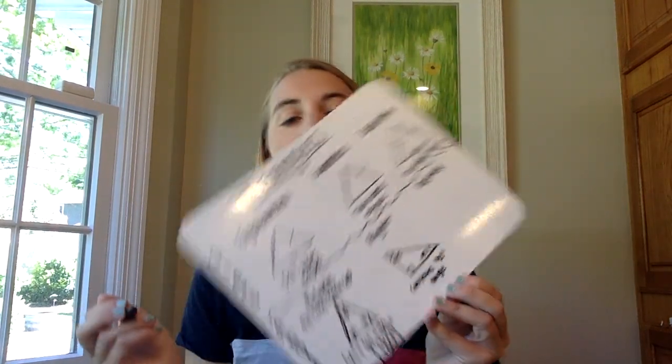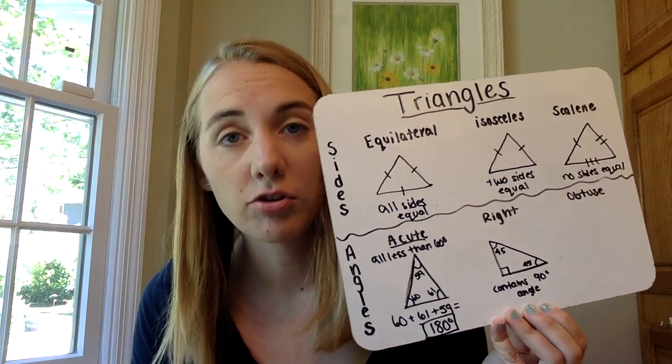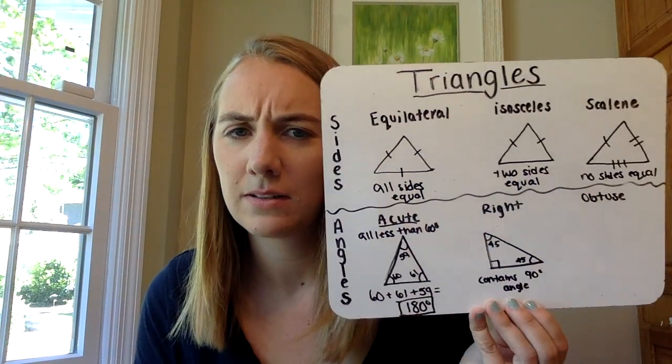Right angles are 90 degrees. So if that box means that it's 90 degrees, a right triangle means it contains a 90-degree angle. So we could have 90 degrees, and the other two could be 45 and 45. That gives us a sum of 180 degrees. That works out as an example.